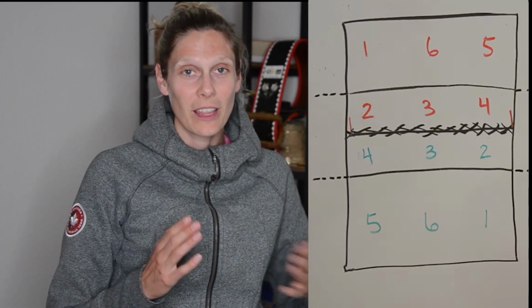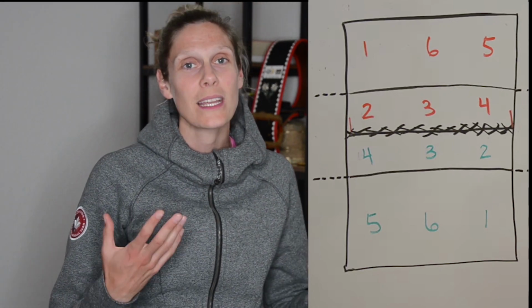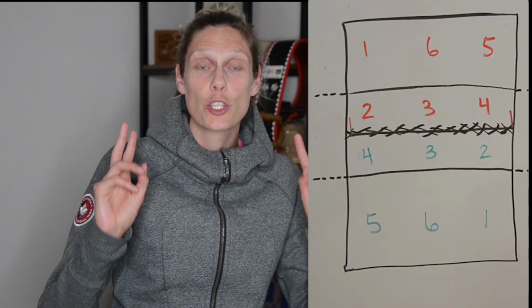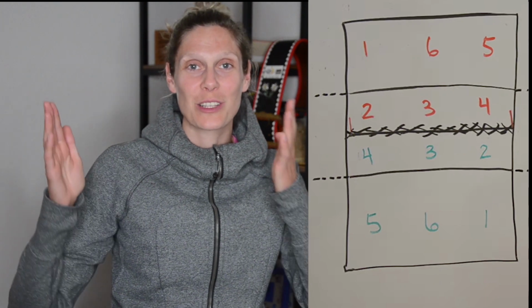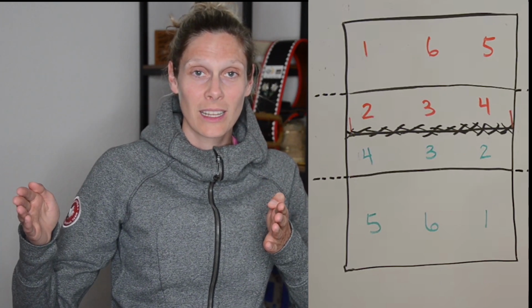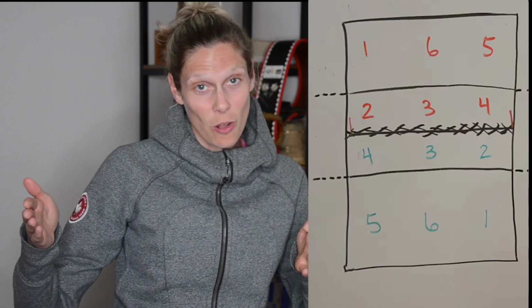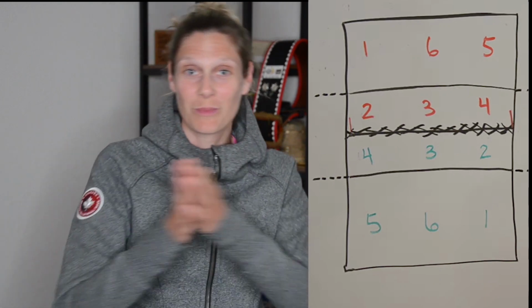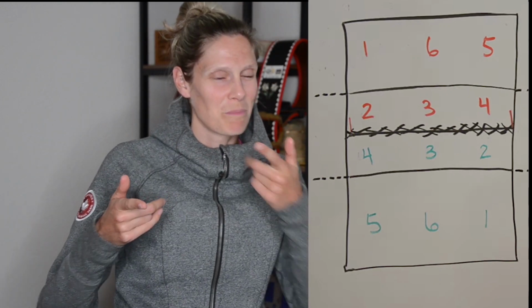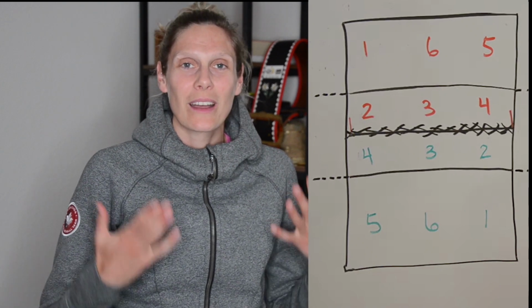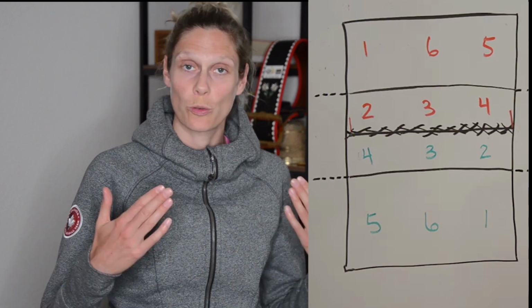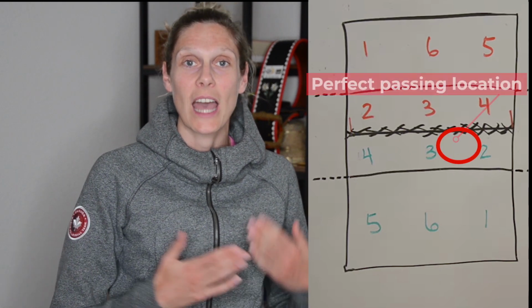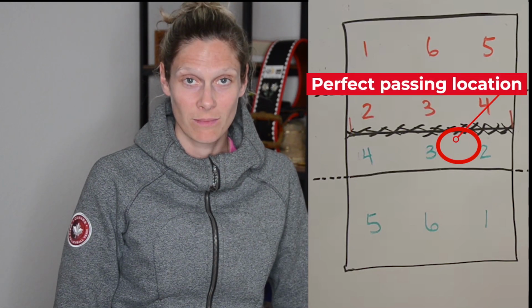So in North America, that's how we label them, and we put the setter at position 2.5. So what does that mean? It means it is directly in between the right side and the middle. 2, 3, 2.5. Got it. So a perfect pass in indoor is right at the net at the 2.5 location.